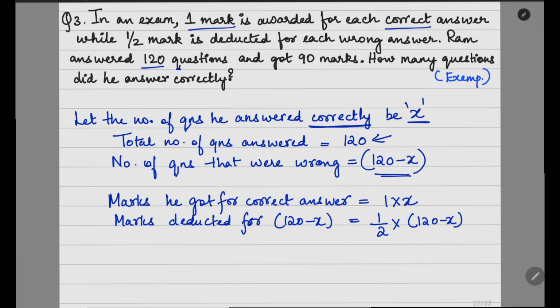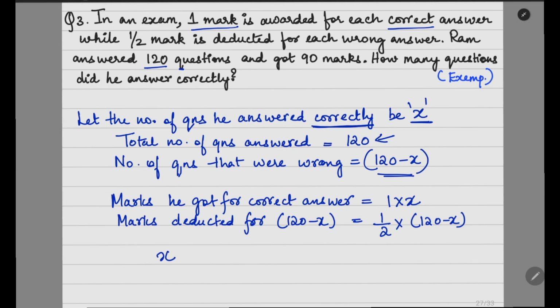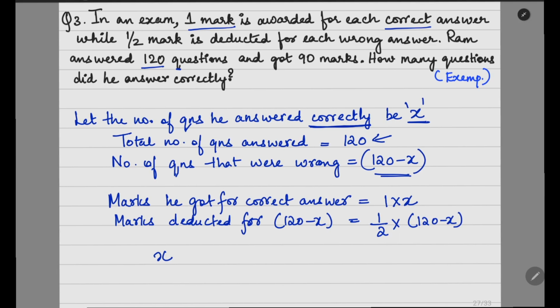Okay. Now, what is the total marks that he got? 90 marks, which is nothing but the total marks that he scored, right? For all the correct answers it is 1 into X, that is X, minus the marks that were deducted for every wrong answer, that is 1 by 2 into 120 minus X, is equal to the total marks he obtained, that is 90. Just open the bracket, so it will be X minus 60 plus X by 2 equal to 90.